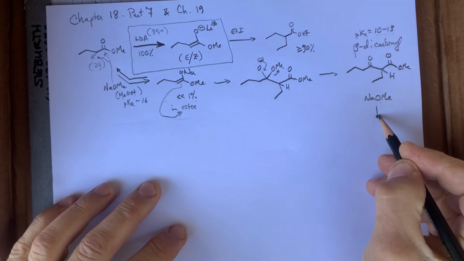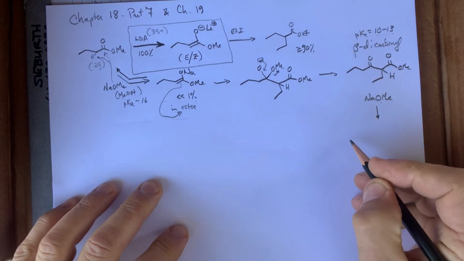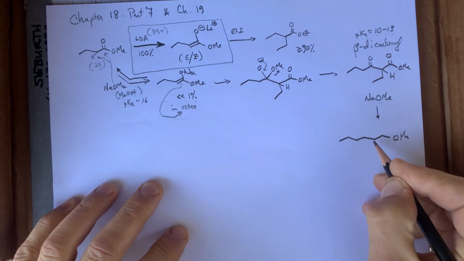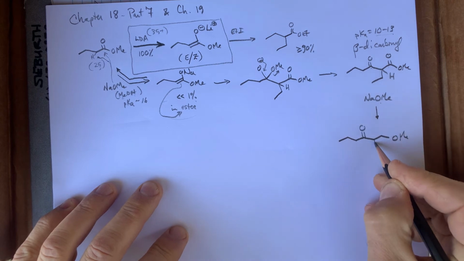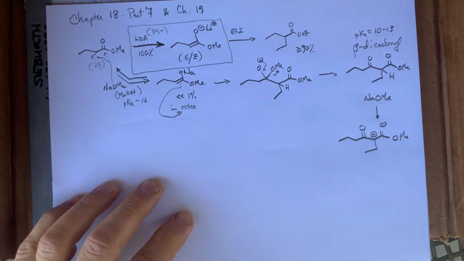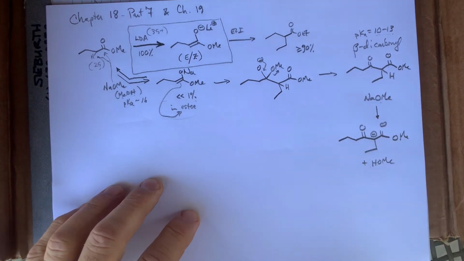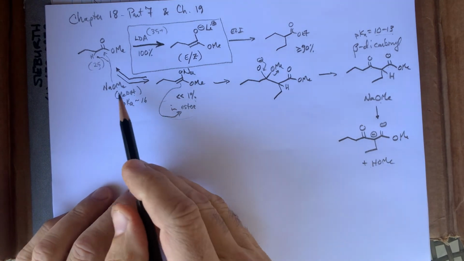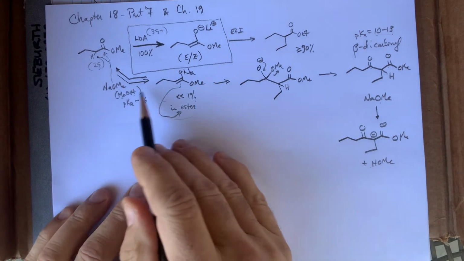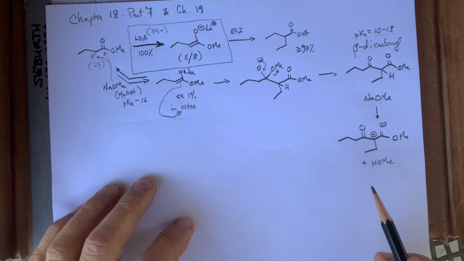And so as soon as you form that condensation product, you will deprotonate that and get your methanol back. So this is a reaction that consumes methoxide, so you need to go in with more than one equivalent, and you get this beta dicarbonyl product.